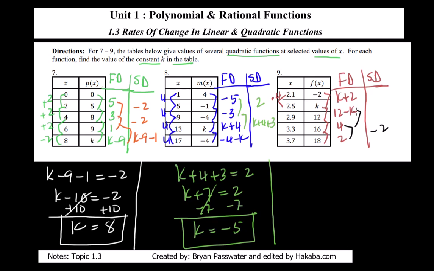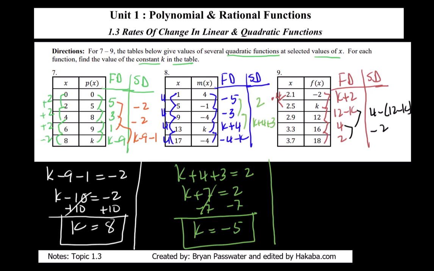Then 4 minus 12 minus k. Always you just look for where you can find the value easily. We cannot do 12 minus k minus k plus 2. So it's better we start at the bottom and then move upward and then set those two differences equal so we can find the k value.